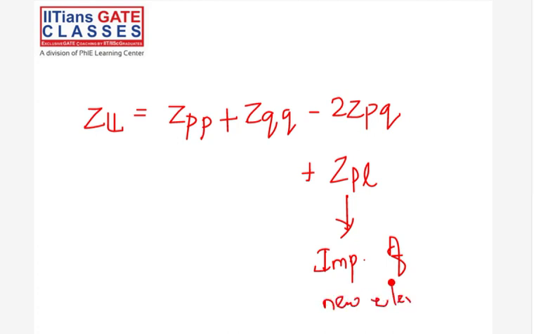So basically, suppose this new element is getting connected between 1 and 3, then we take the diagonal element of 1, the diagonal element of 3, then we subtract the existing set 1 3, and then add the new element. So that would be your set LL, right?